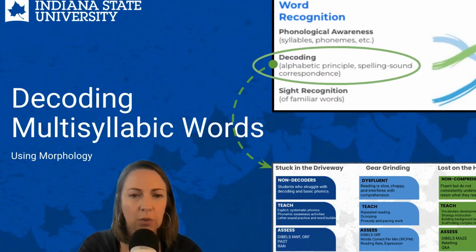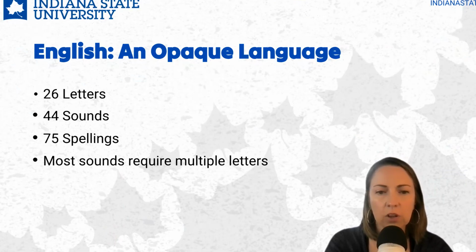Now we are ready to move on to the next thread in the strand, and that is decoding. And again, we are still focusing on our non-decoding students. Decoding also encompasses encoding, which is spelling. Let's talk about a few of the factors that make English a difficult language to decode. English is considered an opaque language.